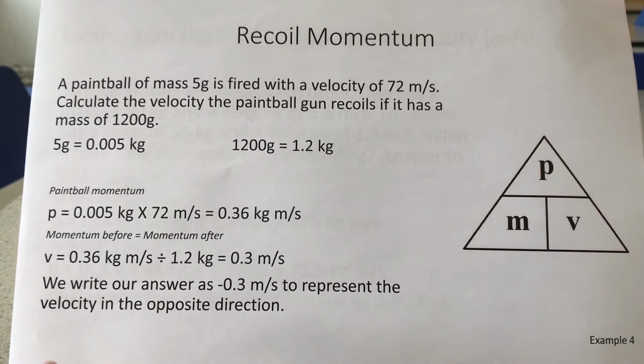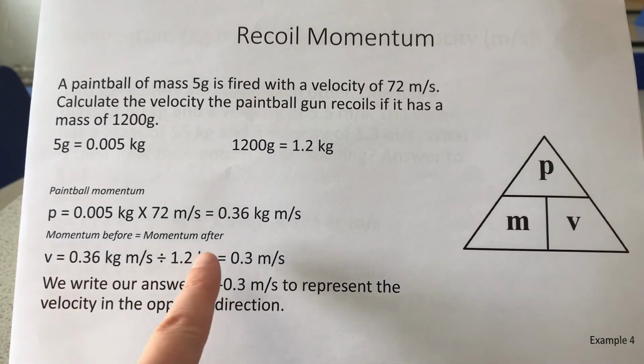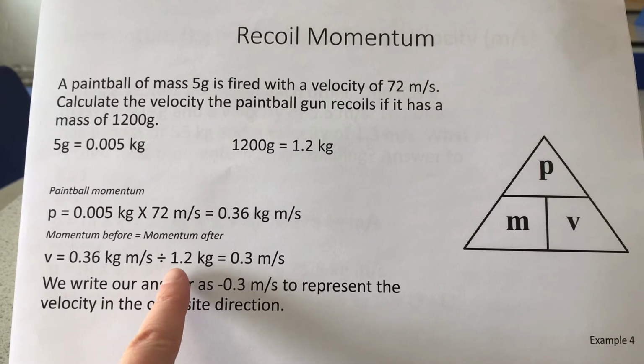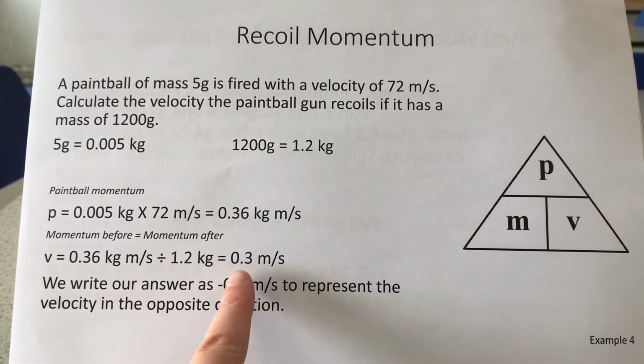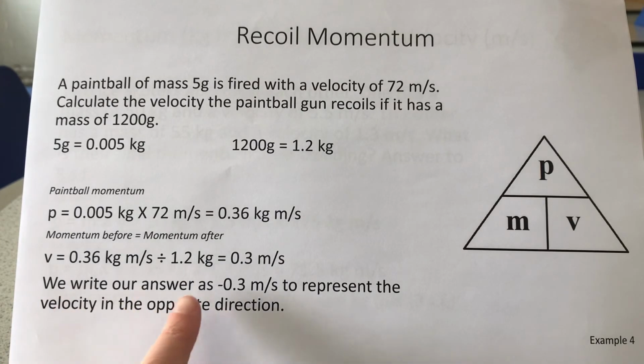The momentum, 0.36, divided by the mass in kilograms, 1.2, gives us a velocity of 0.3 meters per second. Now, we've got the paintball going one way. We've got the gun recoiling the opposite way. Velocity gives us a direction as well as a magnitude. So we put the velocity of the gun as a minus.